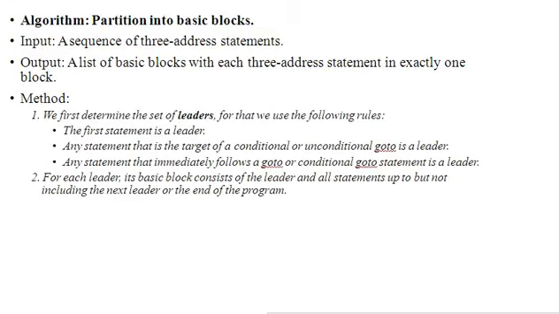The algorithm for partitioning into basic blocks: the input is a sequence of 3 address statements and the output is a list of basic blocks, with each 3 address statement in exactly one block.